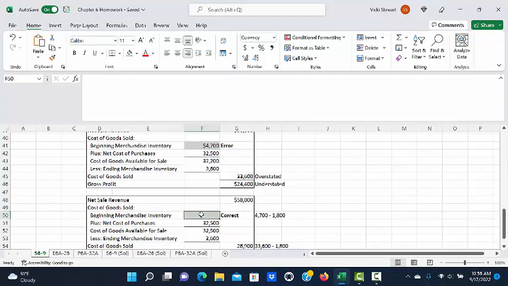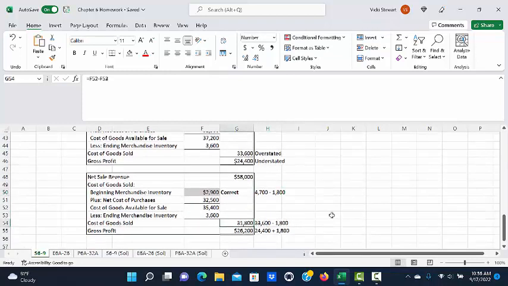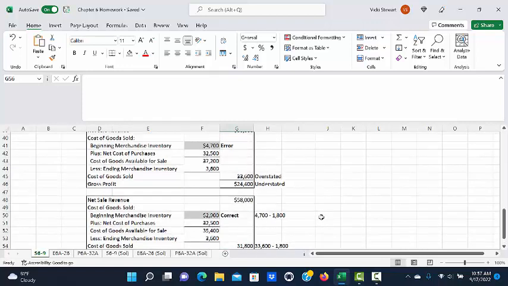Now let's put in the correct amount, $2,900, which is the $4,700 minus the $1,800, and we can see that it is true that cost of goods sold would have been overstated by $1,800, because the new cost of goods sold is $1,800 less, $31,800, and we can see that gross profit was understated by $1,800, because the previous gross profit was $24,400 and the correct amount is $26,200.